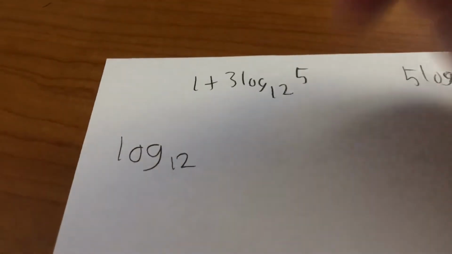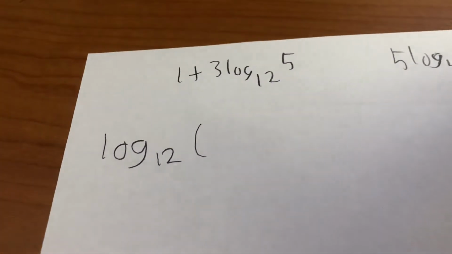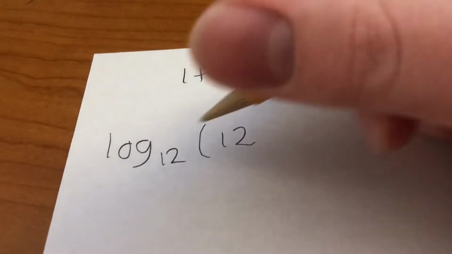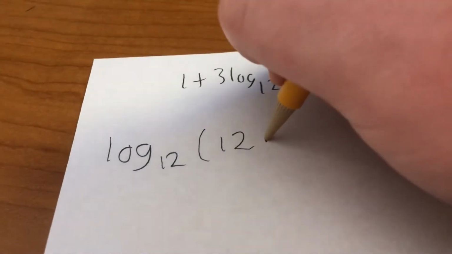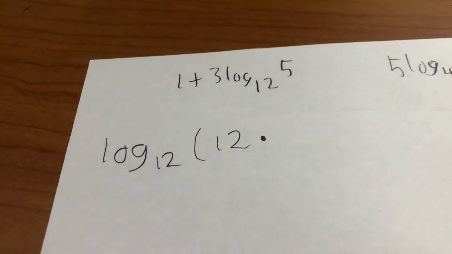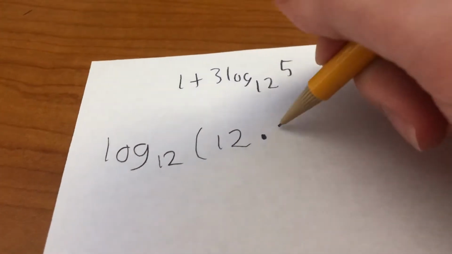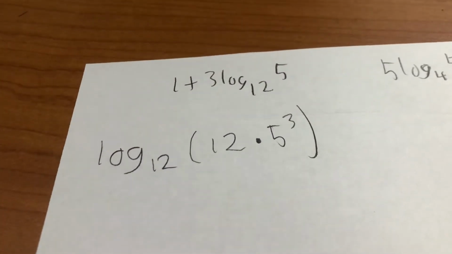And then right off, we need our parentheses. Because the 1 is the product of a matchy-matchy, we need to have a 12 in there, because that is the base, so they will match. And then, just like before, the 5 is right there, and the 3 would be the exponent. So it's 5 with the exponent of 3. And that is our answer.